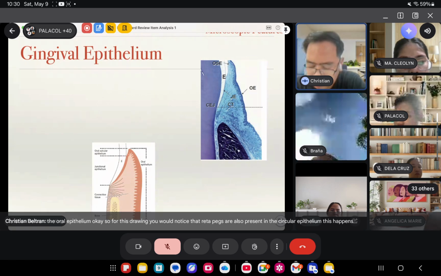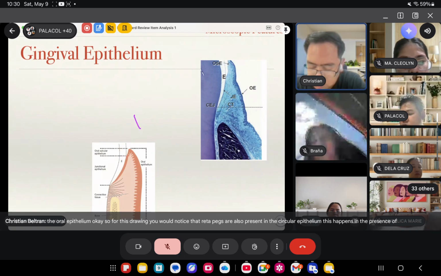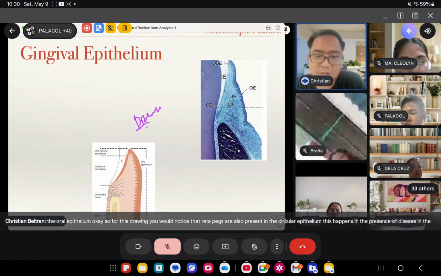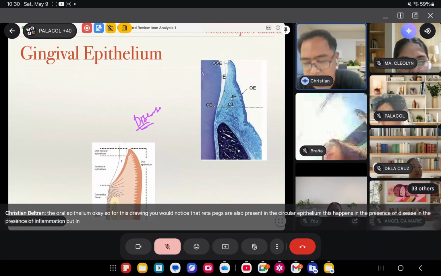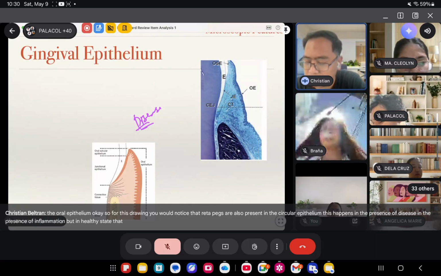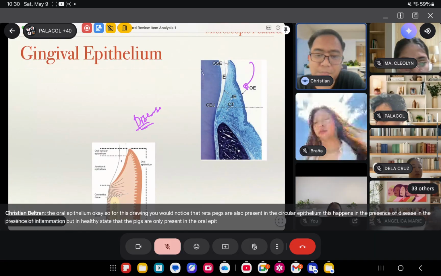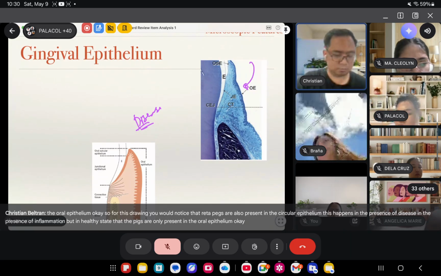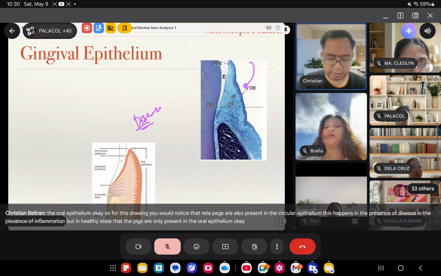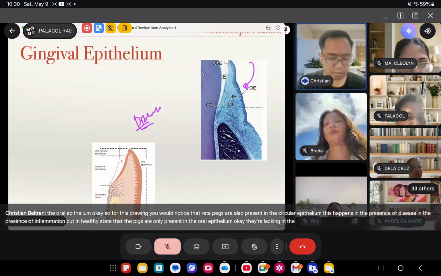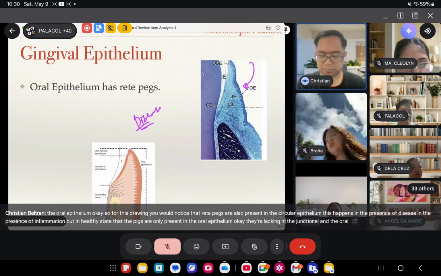This happens in the presence of disease, in the presence of inflammation. But in a healthy state, rete pegs are only present in the oral epithelium. They're lacking in the junctional and sulcular epithelium.